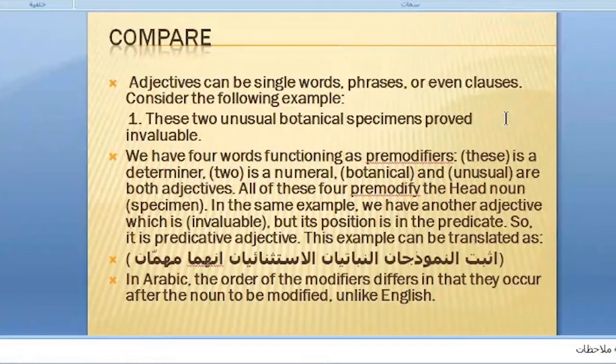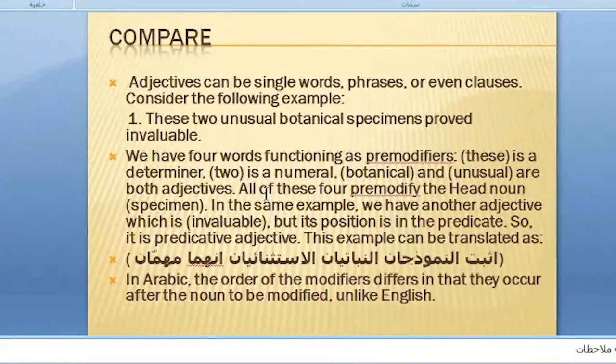These تعتبر صفة، two يعتبر صفة، العدد أيضا يعتبر من الصفات. Unusual صفة، botanical صفة، كلهم وصفوا لي الاسم اللي هو شنو؟ specimens. So all of these modify, يعني تصف مسبقا, the head noun, الاسم الرئيس, الspecimens.